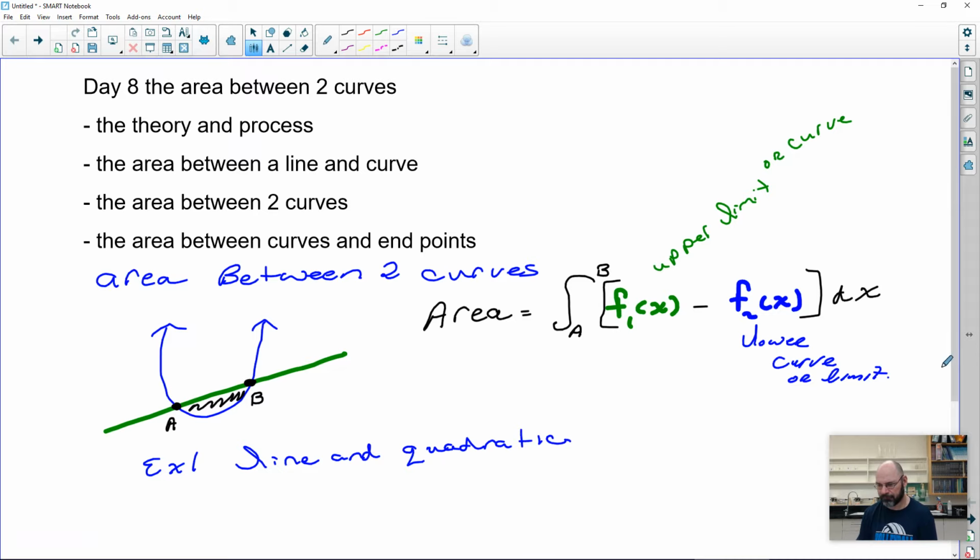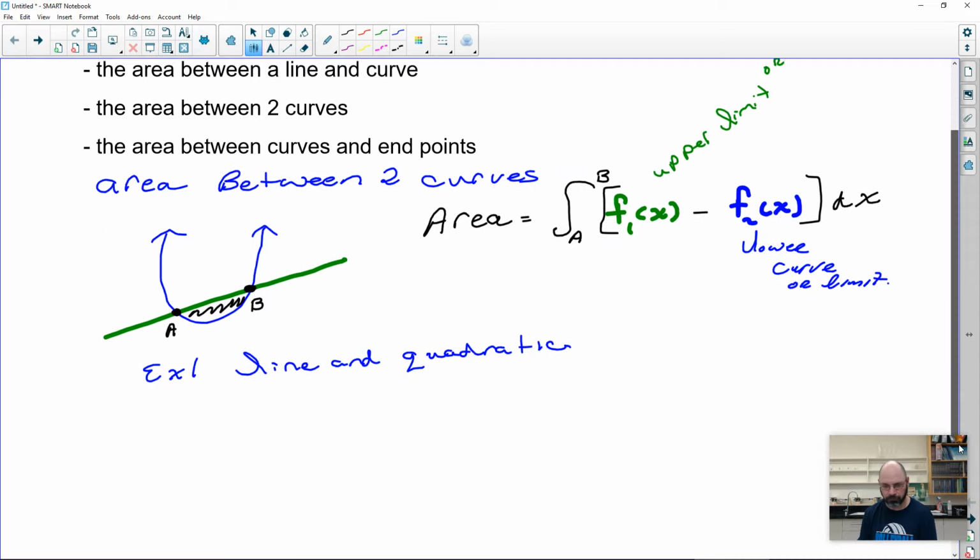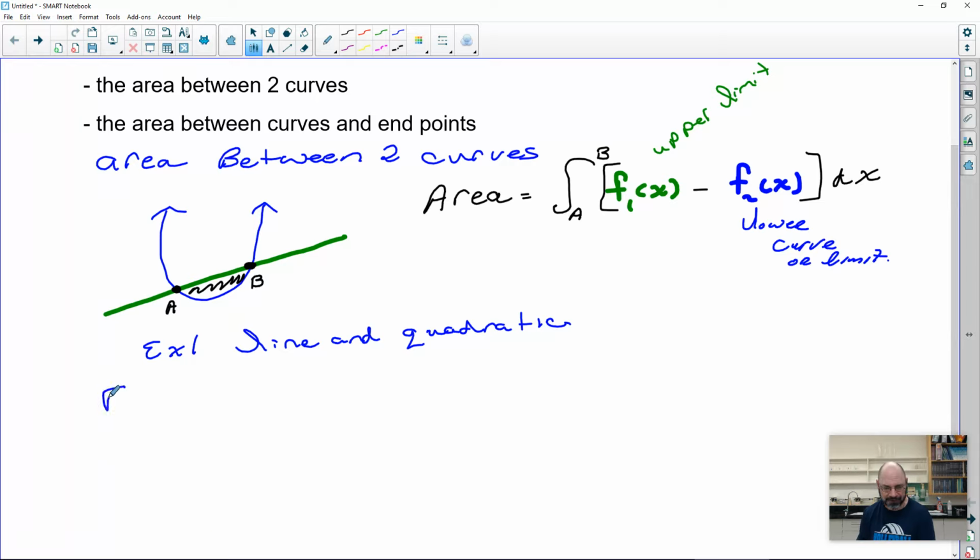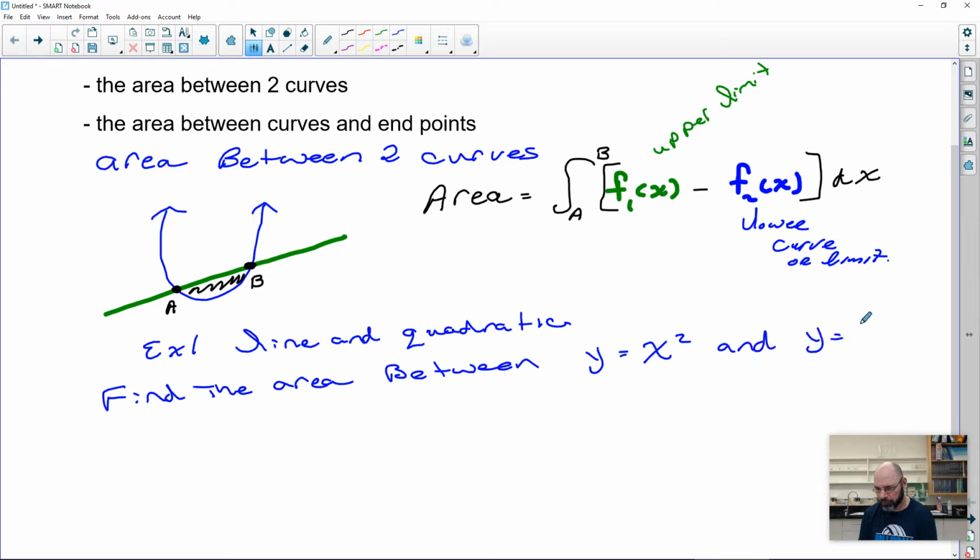Let's say find the area between, we'll do a really simple quadratic and a really simple line. y equals x squared is the simplest quadratic, and y equals 4x is a really simple line.